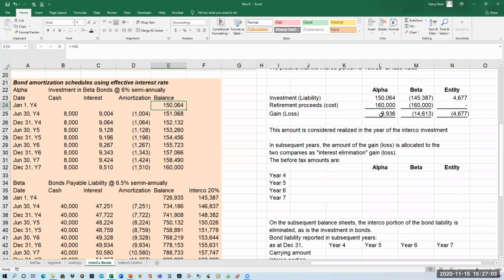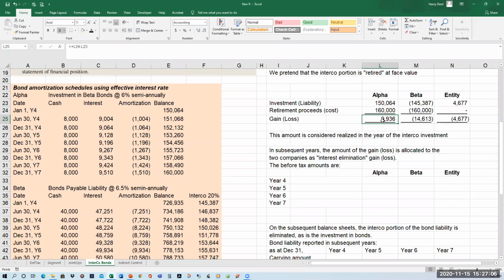So if you think about the gain that we had calculated on Jan 1st, year 4, the gain was basically us pretending that the investment of $150,064 was retired at face value of 160,000, and that difference resulted in the gain. But as the investment account value changes due to the effective interest amortization, there is going to be a shrinkage in the gap between the face value of the bonds and the carrying amount.